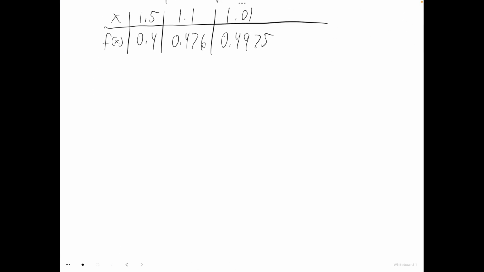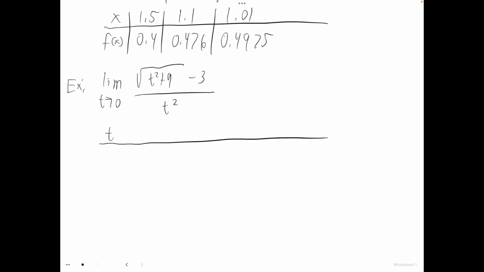Now another example that we could look at is the limit as t goes to 0 of the square root of t squared plus 9 minus 3, over t squared. Once again, we're going to plug in values, but this time we're going to plug in both the left and the right at the same time.